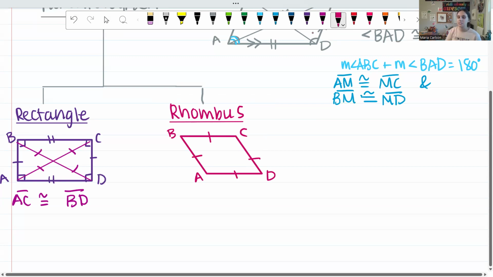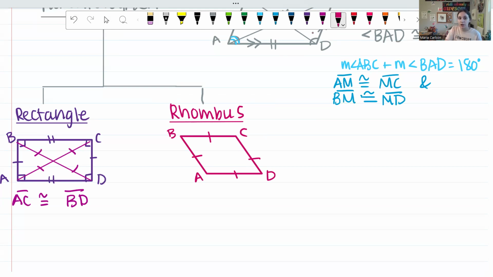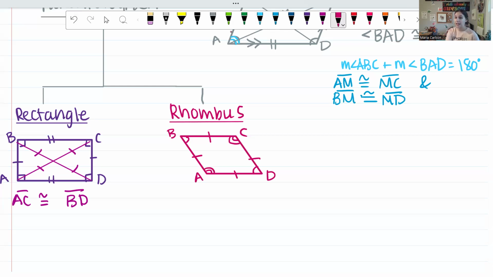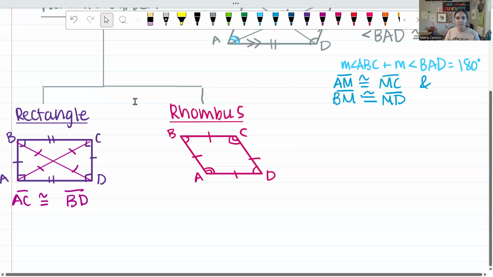Opposite sides are still parallel, but now all 4 sides are congruent. Your opposite angles here are congruent. And your diagonals do bisect each other, but we're going to write down the new properties that we have in a rhombus because diagonals in a rhombus, they bisect each other, but they also do some other things.